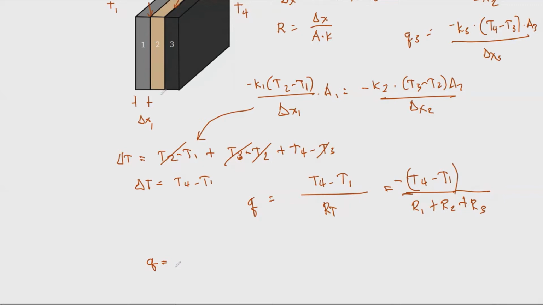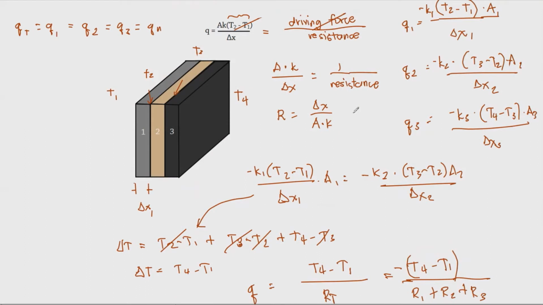In this case, our Q, or the final heat rate that we can get, is simply T1 minus T4, assuming that T1 is higher, divided by R total, which is the sum of the resistances. And this is the final equation for every resistance that we can get.